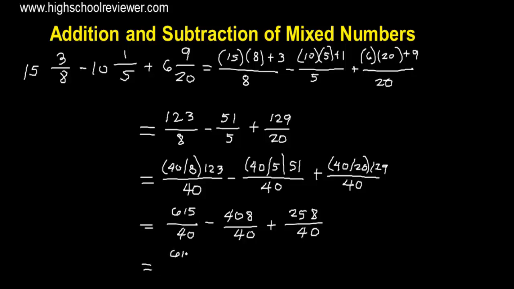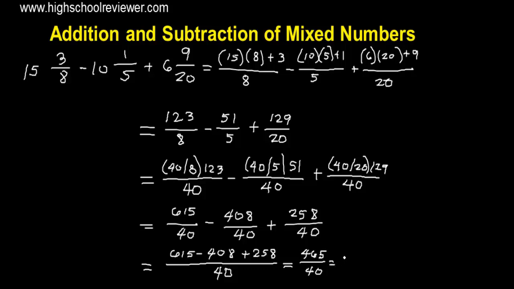We will now just subtract and add. We will have here 615 minus 408 plus 258, and we will have the denominator of 40. This will be equal to 465 all over 40. We can still simplify this to a mixed number.